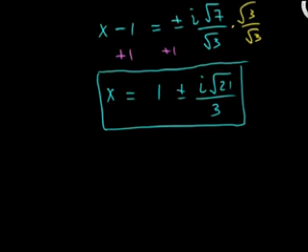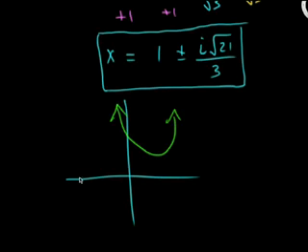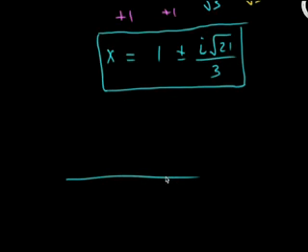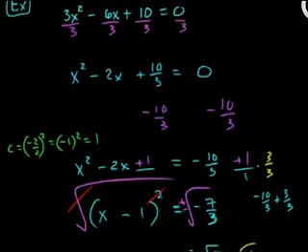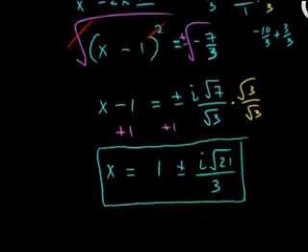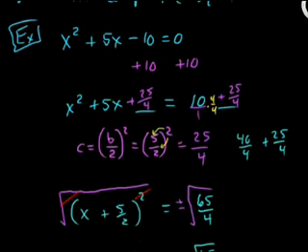If I was referring to a parabola and its x-intercepts as these solutions, this would be a parabola like this, where it never crosses the x-axis, something to that effect. It would be a graphical representation of what's going on. So those are two difficult or trickier problems when solving by completing the square.